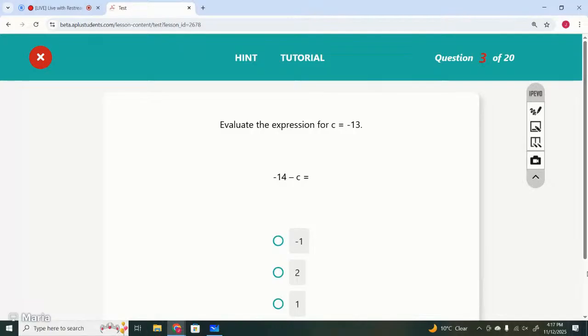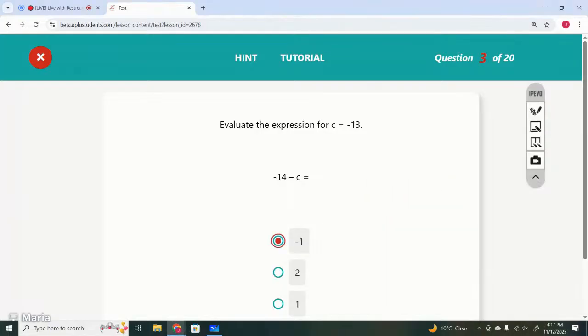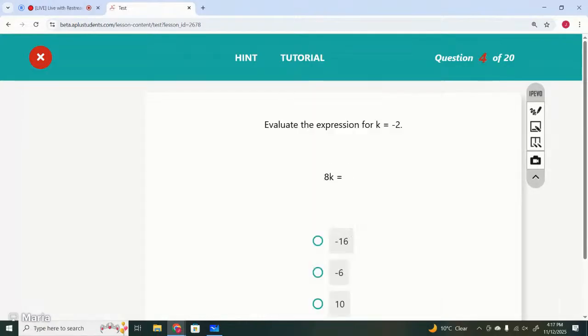So that is c equals negative 13, right? So negative 14 minus negative 13. Subtracting a negative integer is the same as adding. So negative 13 plus 14 is negative 1. Option number 1 is the correct option.